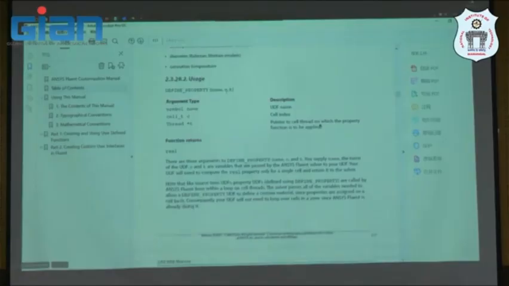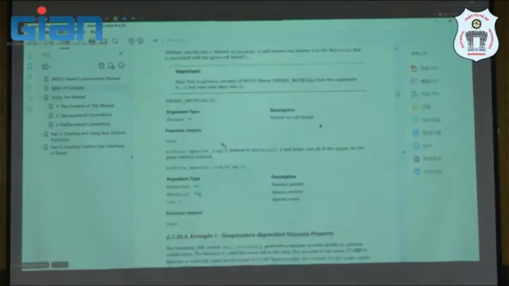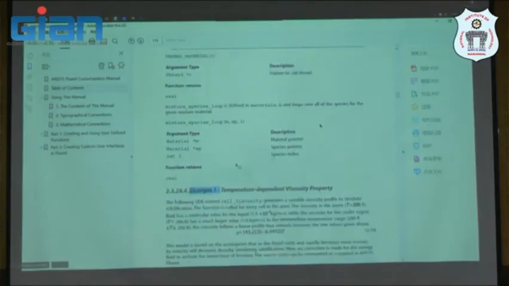So we don't redefine these arguments. I think the most important thing is that they will provide us an example to tell us how to use this macro.